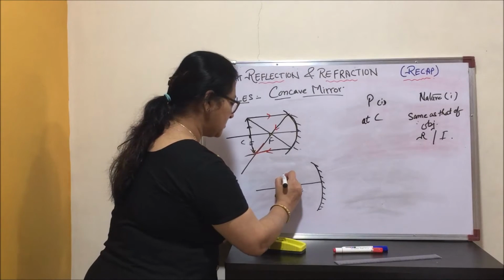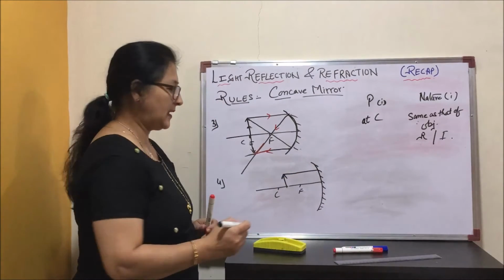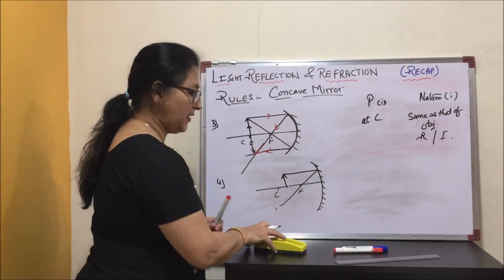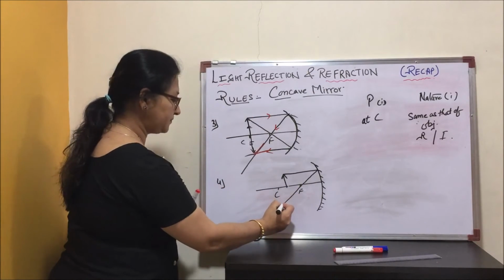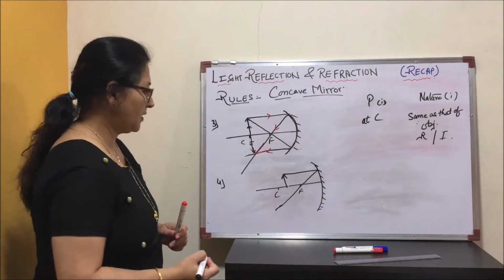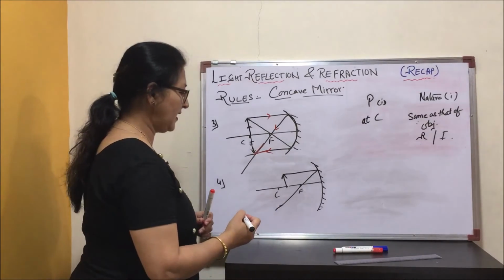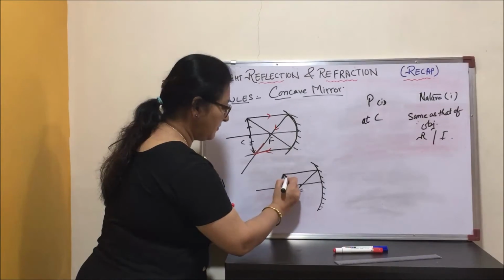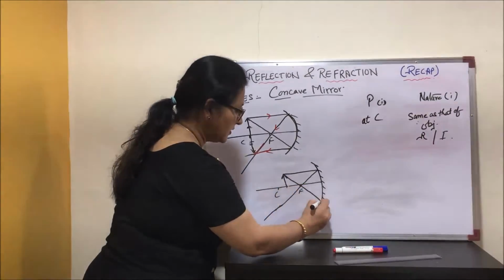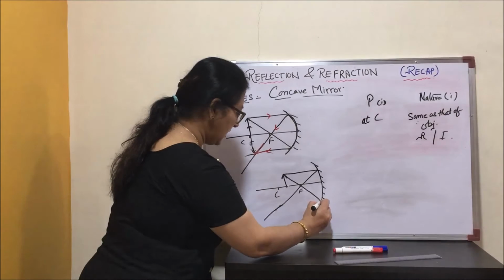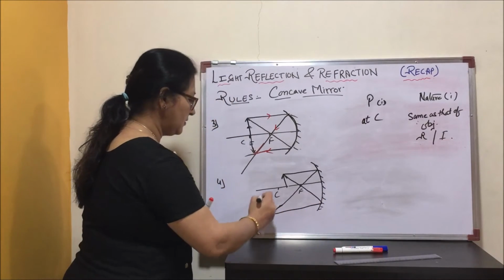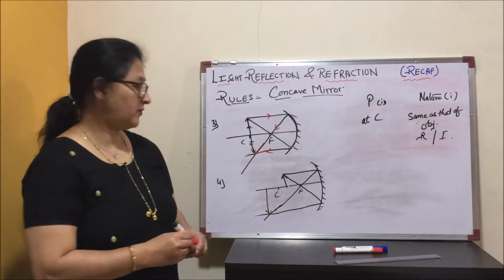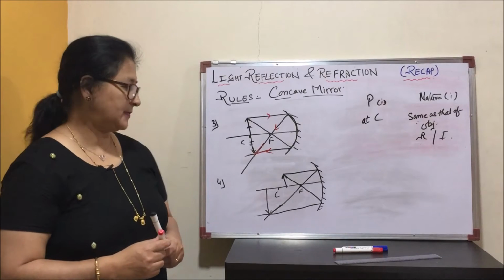Now the first ray will go parallel to the principal axis. After reflection it will pass through the focus. Now what about the second ray? The second ray will pass through the focus, and after reflection it will go parallel to the principal axis.